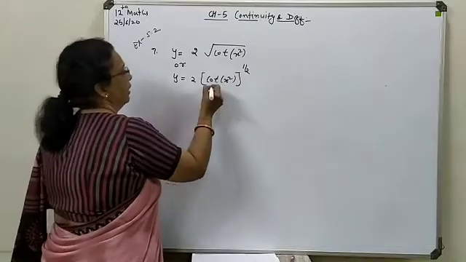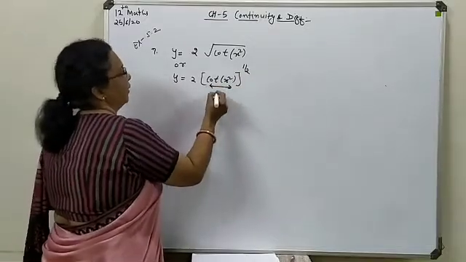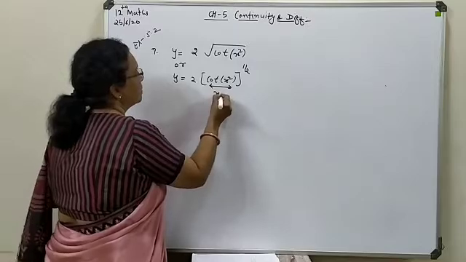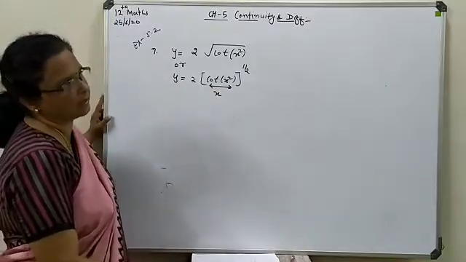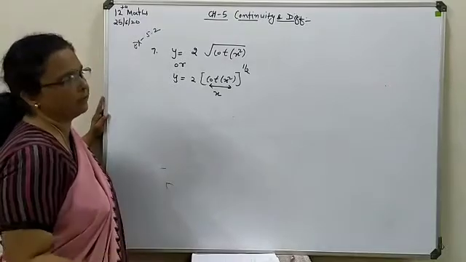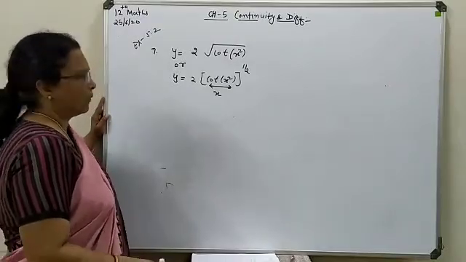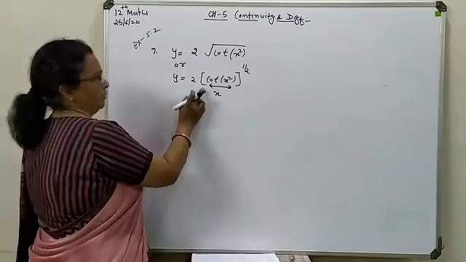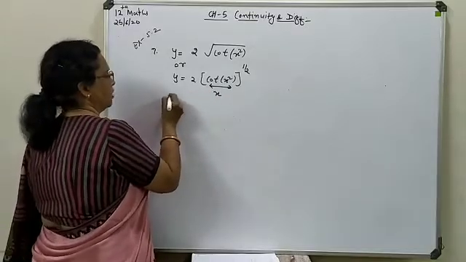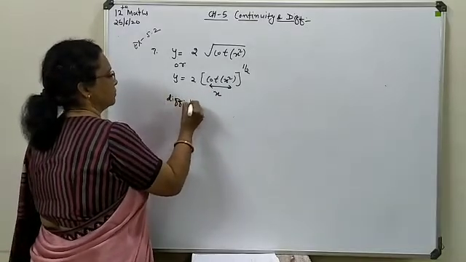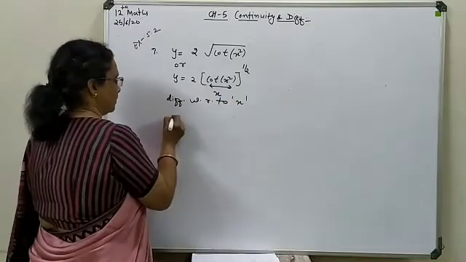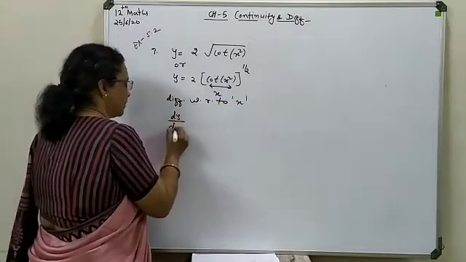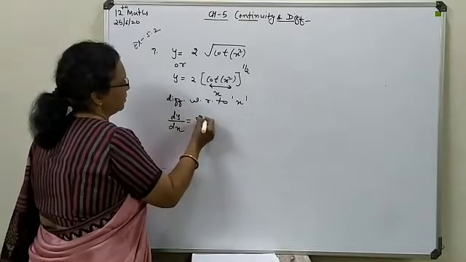So first of all, this cot x square you will treat as a single term, and as x power half, first it is to be derived, then further you will implement the chain rule. So differentiate with respect to x. So dy by dx, here you will write this 2 as such.